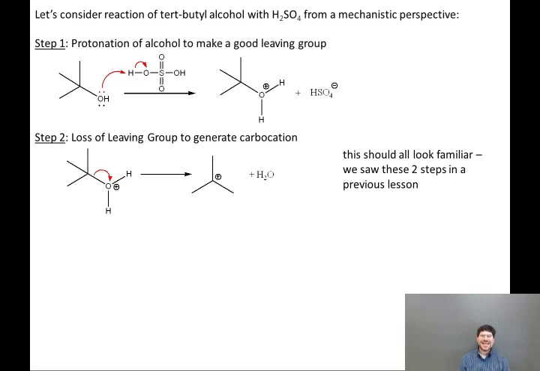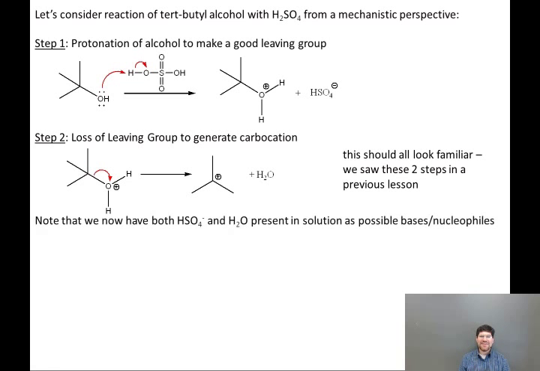So now, let's take stock of everything that we have in solution. In addition to our carbocation, we now have HSO4- that was generated in the first step as the conjugate base of sulfuric acid. And then we also have H2O present that was lost as a leaving group in step 2. So that means we have both of these present as possible bases or nucleophiles.